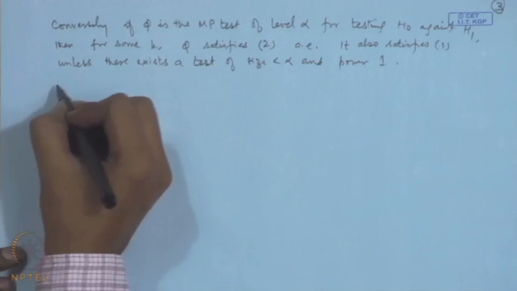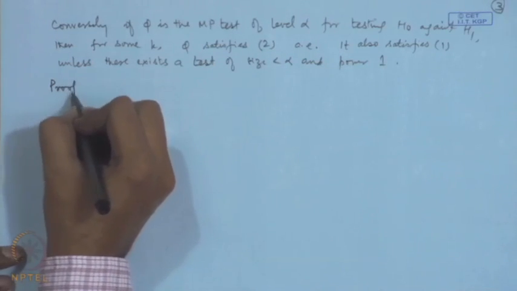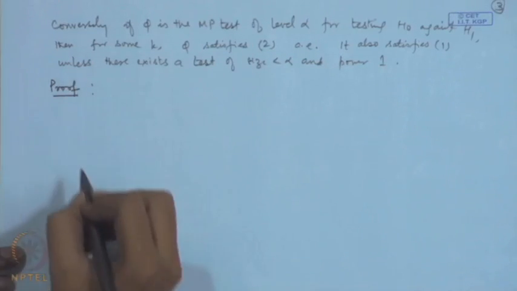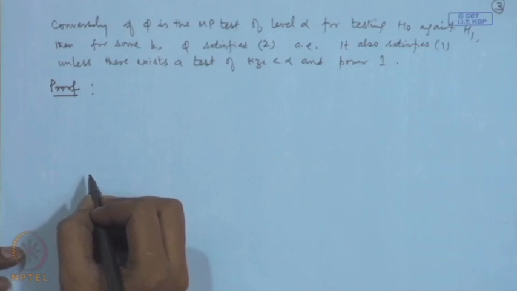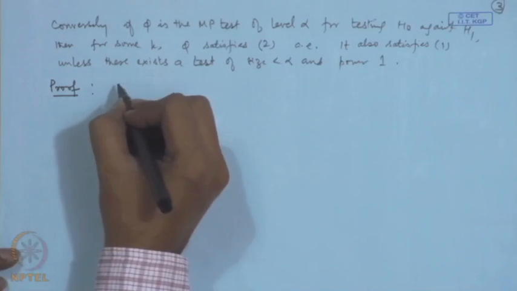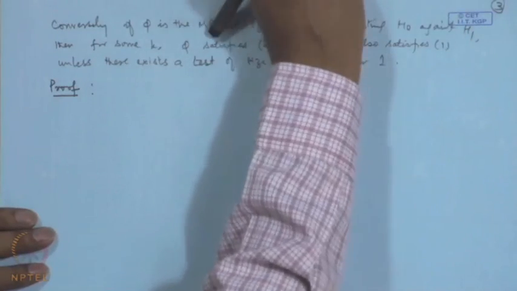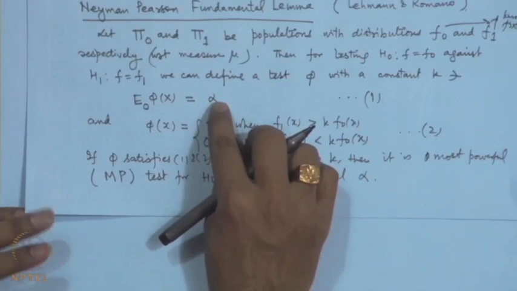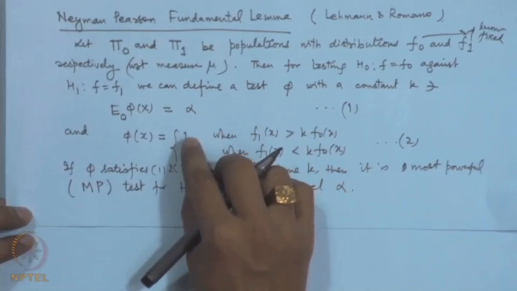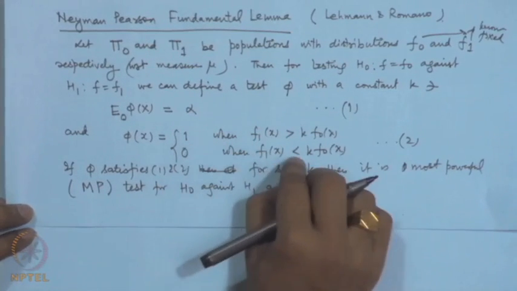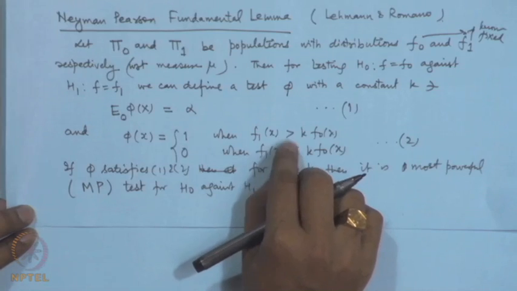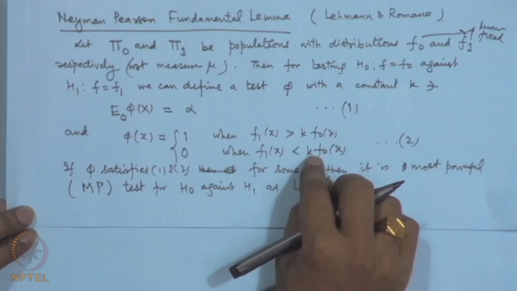Let us look at the proof of this. I have followed the steps similar to Lehman and Romano. So, let us consider, say, if I consider alpha is equal to 0. If alpha is equal to 0, that means we should always accept H naught. If we always accept H naught, then we can take k to be infinity as a convention.